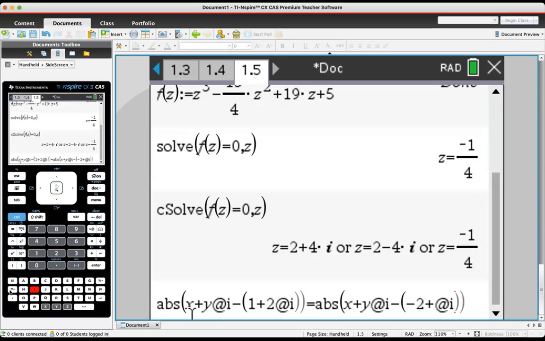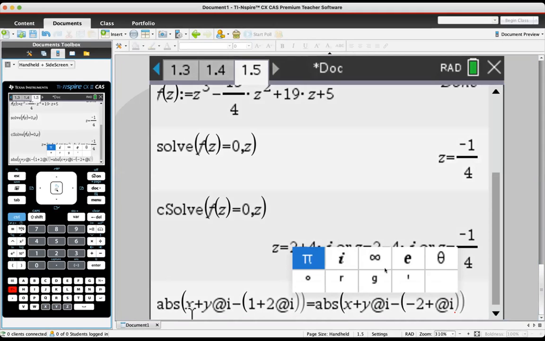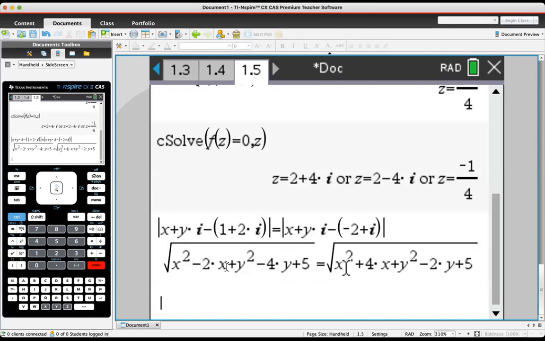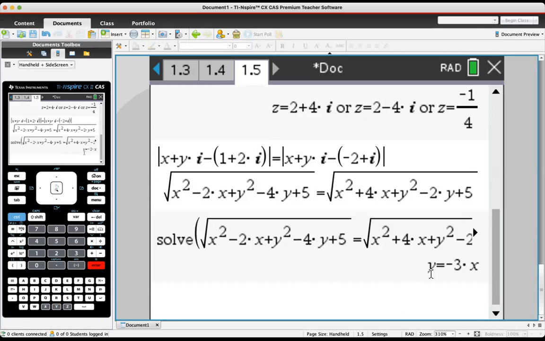Just notice the i must be accessed from the pi button, okay? On my computer, I just typed out the @i to represent the imaginary unit i. Okay, let's see how we go. Okay, so we have an equation involving x and y only. Now we can solve for y. Excellent, y equals -3x, correct. So let's have a look at question 7.